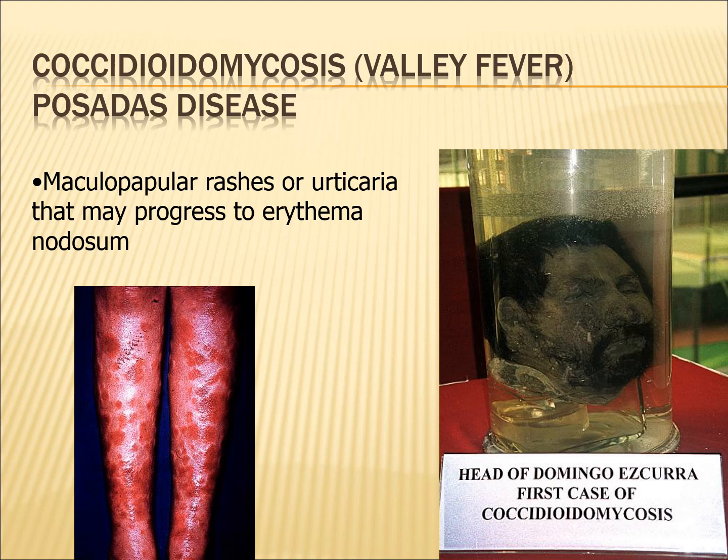Coccidioidomycosis can be disseminated and involve the skin, appearing as a maculopapular rash or urticaria, and then progress to erythema nodosum, which is inflammation of the fat under the skin, and appears as tender nodules.